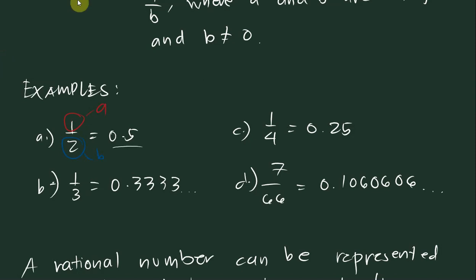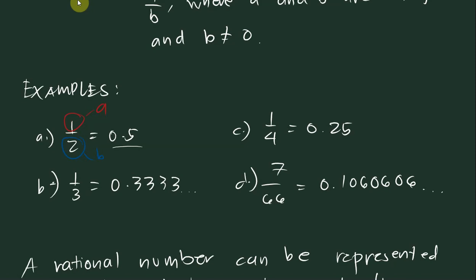For letter b, a is 1 and b is 3, and then equal to 0.333, which is a non-terminating and repeating decimal. For letter c, a is 1 and b is 4, and if we perform the division, we have 0.25, which is a terminating decimal.